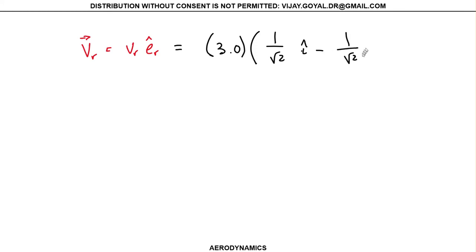I am saying you want to do the vector, and that is VR times eR, and so this is equal to, the magnitude was 3.0, and the vector was 1 over square root of 2 i minus 1 over square root of 2 j, and this whole thing gives you 2.12i minus 2.12j.